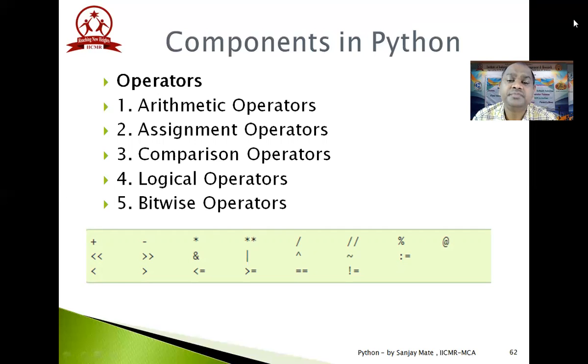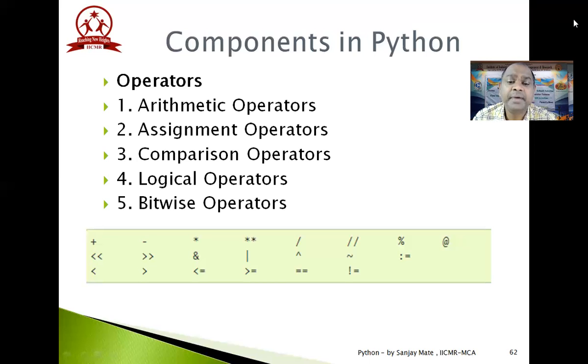These are the operators available in the Python language: arithmetic operators, assignment operators, comparison operators, logical operators, and bitwise operators. Arithmetic operators are generally used for doing arithmetic operations. With the assignment operator, you can assign the value. These are shorthand operators which combine equal to with the arithmetic operators.